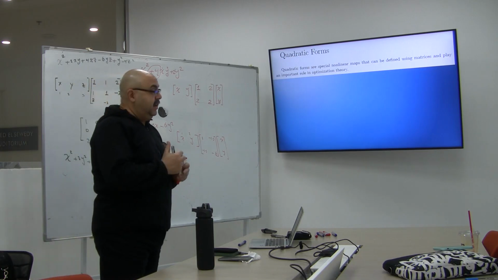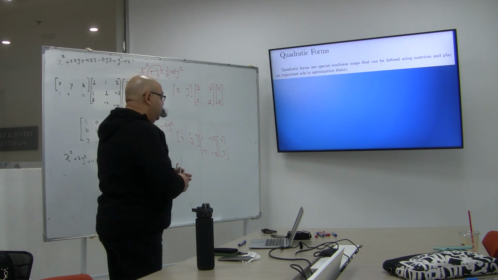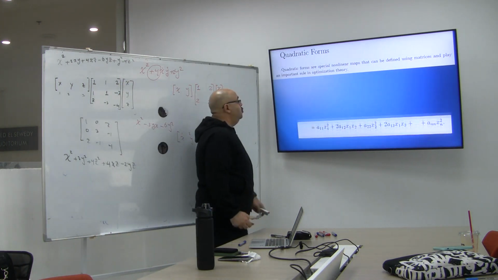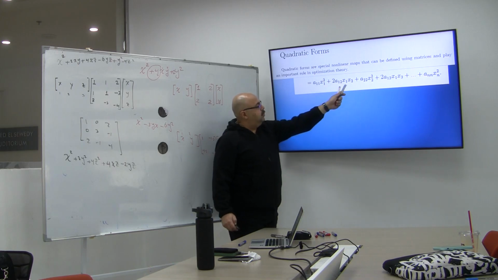Now, I can get the quadratic form from a matrix or a matrix from a quadratic form. So once more, this is a11 x1 squared, a12 x1x2, this is the positive 2 that we used, and so on.